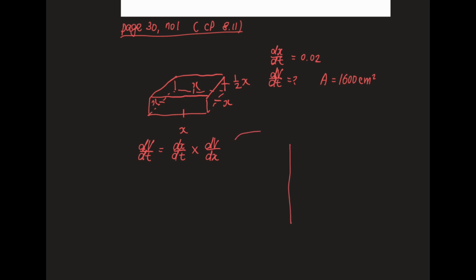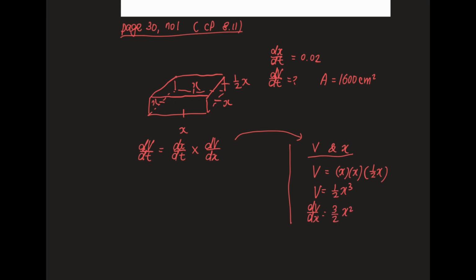So we have to find an equation that relates v and x. Since this is a cuboid, we take x multiplied with x to get the square base, multiplied with half x to get the height. So v equal to half x cubed, and dv dx equal to 3 over 2 x squared.